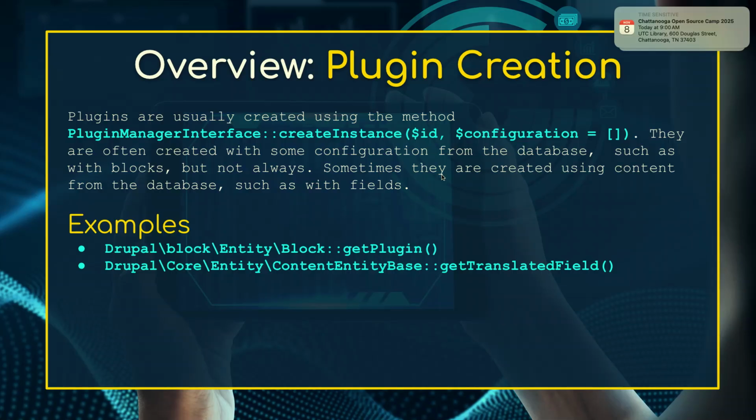So blocks are a great example of this. They're both entities and block plugins. So configuration blocks are created in the configuration management system, and then there are blocks that use that for instantiation of the actual plugin.